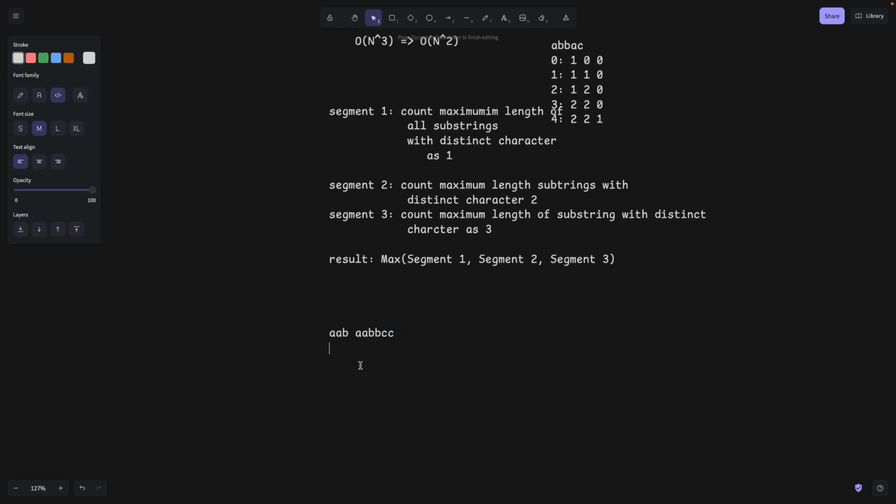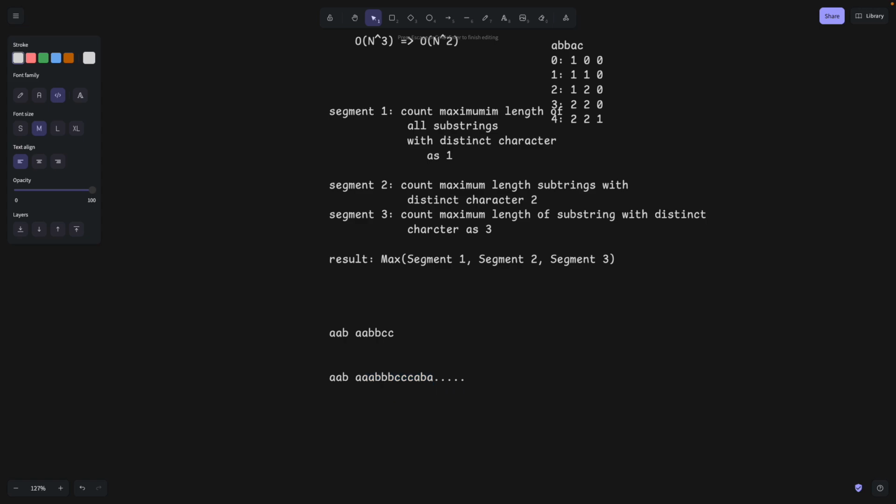So if you think carefully, what if we keep storing the count of each character when we iterate over the string itself? Let's assume for now that there is a string which has something as prefix when we are iterating over, and let's say A B B C C A B, something like that.